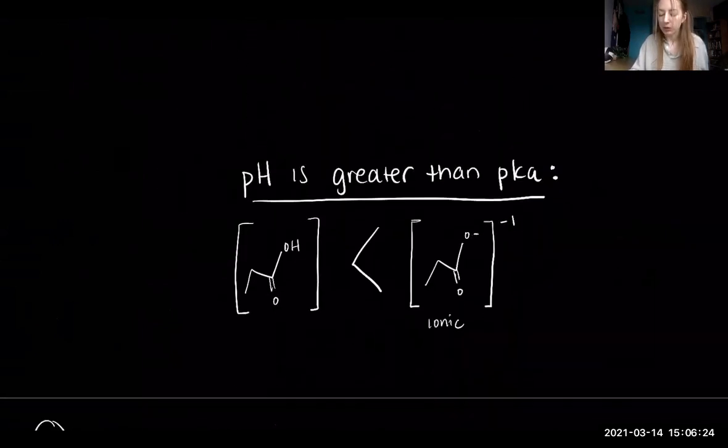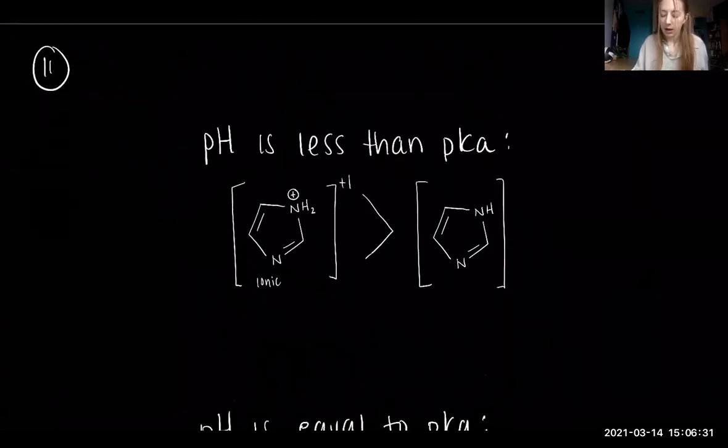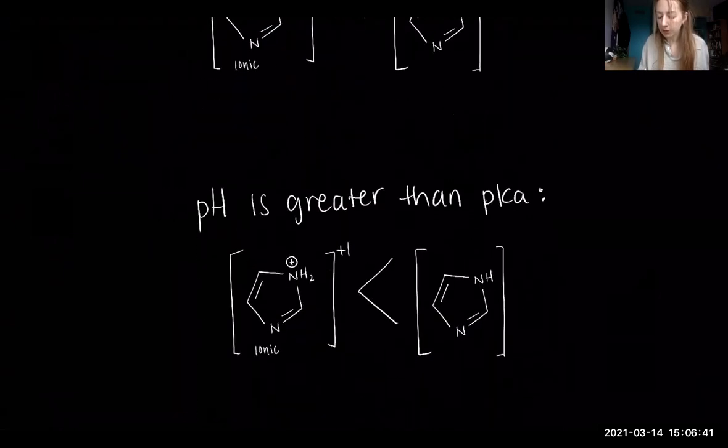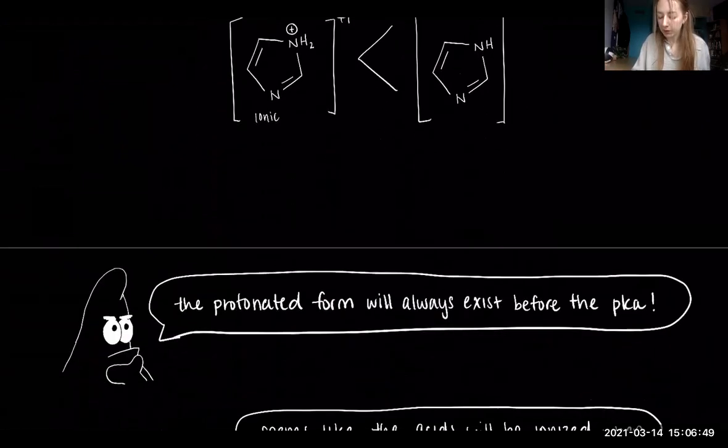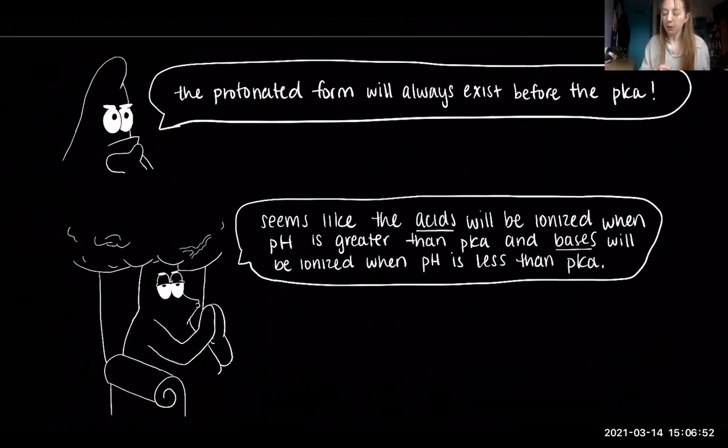When the pH is greater than the pKa, the ionic or deprotonated form will be dominant for acids. And then for bases, the protonated form, which is the ionic form for bases, will be dominant when the pH is less than the pKa. When the pH is greater than the pKa, we'll have a dominant form of it being deprotonated. Okay, so again, to bring that all together, the protonated form will exist before the pKa.